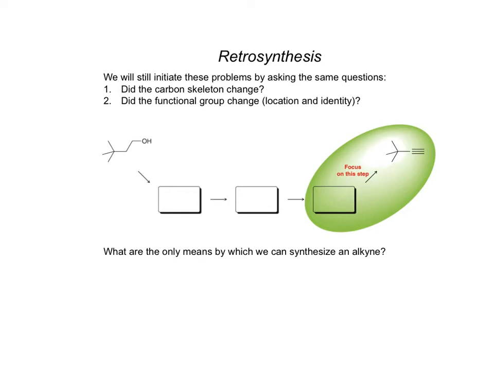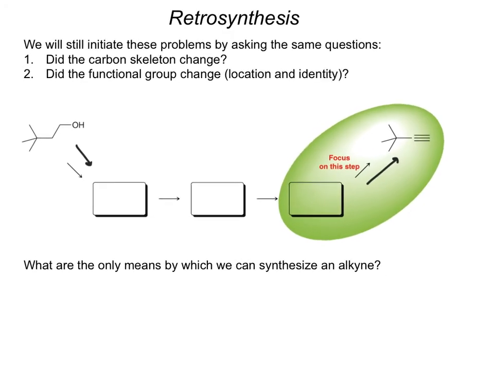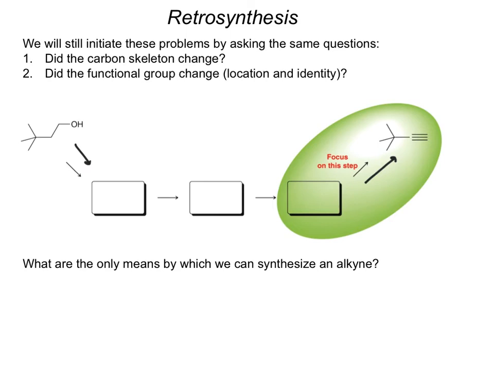We're keeping those 2 in mind, but instead of going this way and trying to synthesize our product, we're going to go in reverse and say, what compound could have made our product? So at this point, our product long term is an alkyne, and the question is, what can make an alkyne?